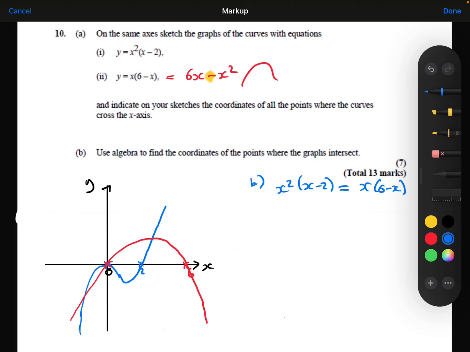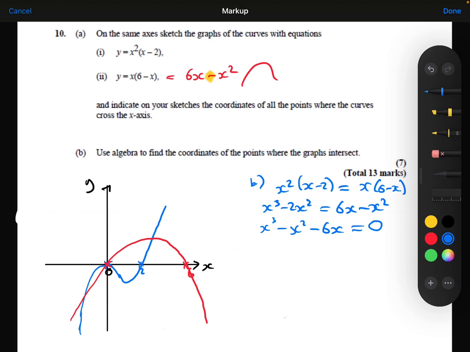So we're making those two y coordinates equal to one another. Let's expand the brackets out. And we're now going to add x squared to both sides. And now subtract the 6x from both sides.